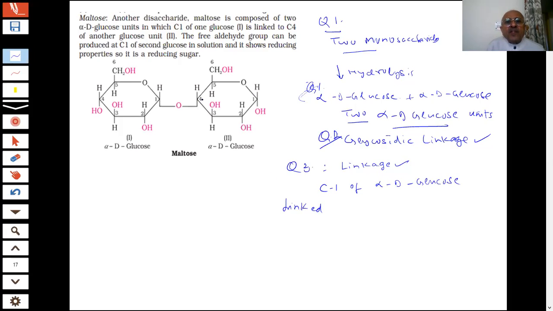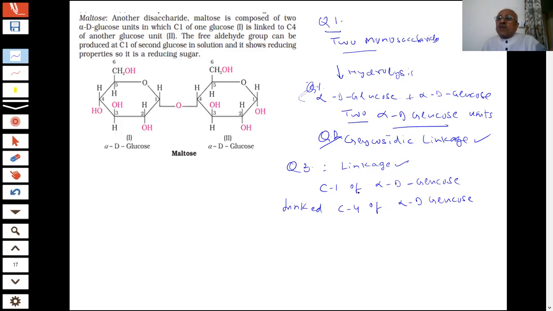Carbon number 4 of another alpha D glucose. So this is an important question always. They ask you the linkage at which carbon. That is what makes all the difference.